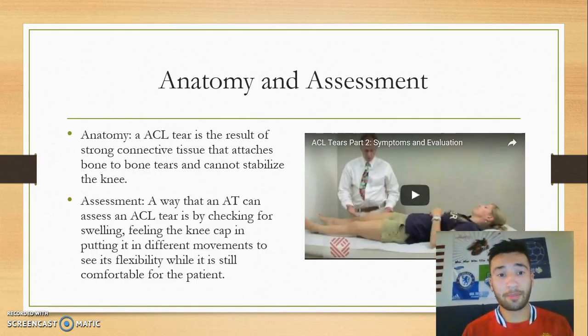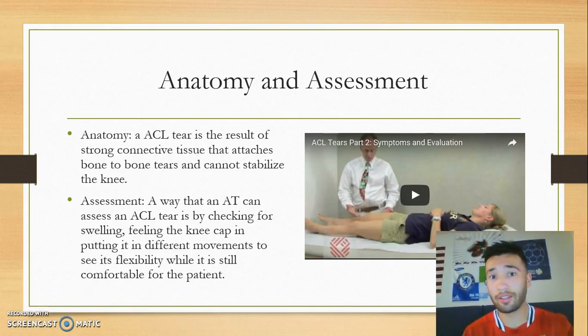The anatomy and assessment: an ACL tear is a tear of strong connective tissue that attaches bone to bone, and once torn it can no longer stabilize the knee. The ACL is connective tissue in the front part of your knee that runs from the femur to the tibia, and tearing it can affect, like I said, your MCL, the medial collateral ligament on the inside of your knee, or the lateral collateral ligament on the outside of the knee.